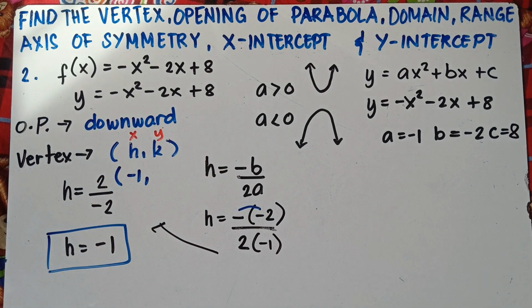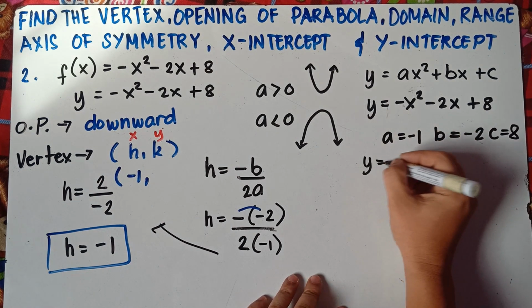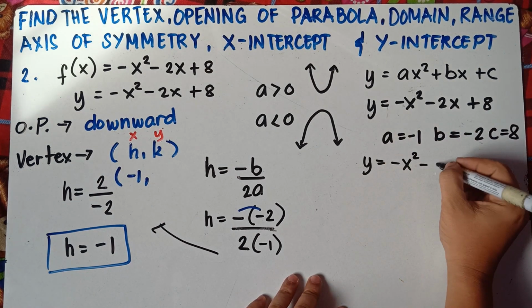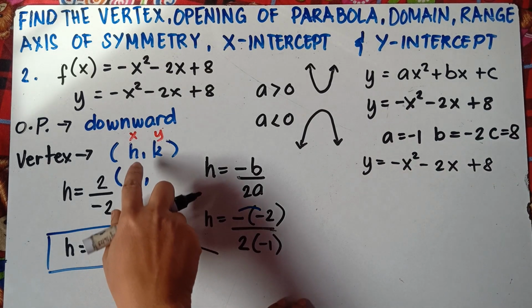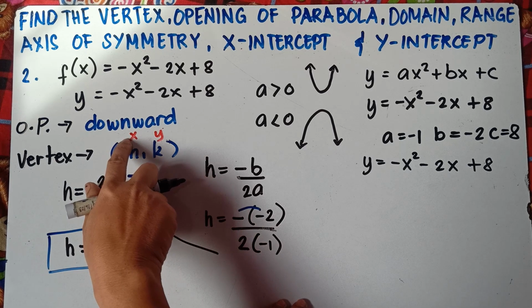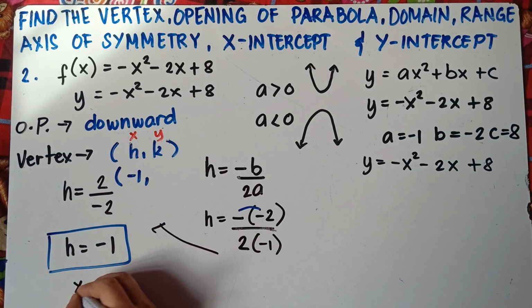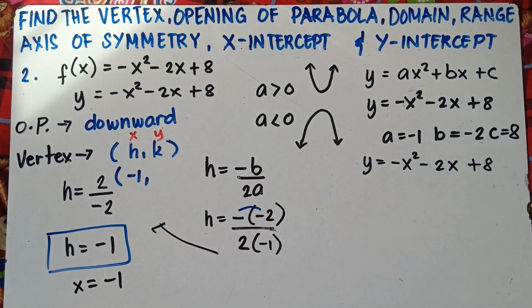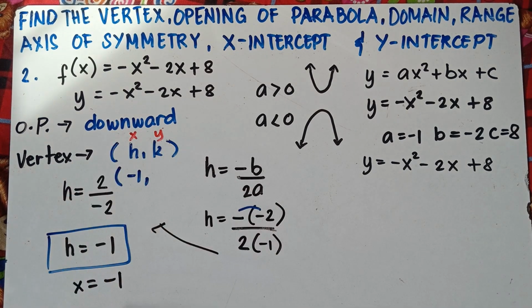So first solution class to find k. To find k, simply copy the equation y equals negative x squared minus 2x plus 8. Once again, your h is your x. So this negative 1 class, you can write as x equals negative 1. Why is that, sir? Because h would be your x. So you can substitute x by negative 1.